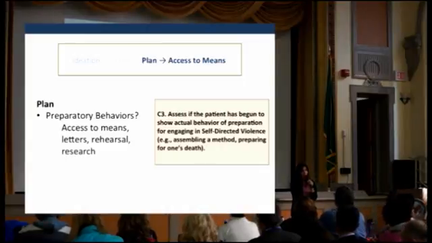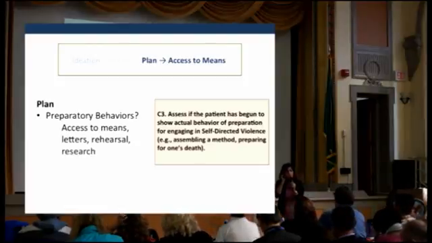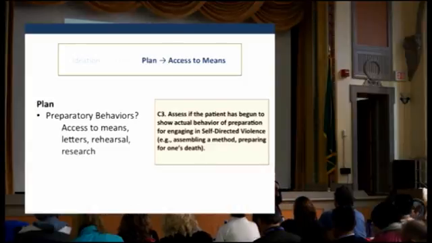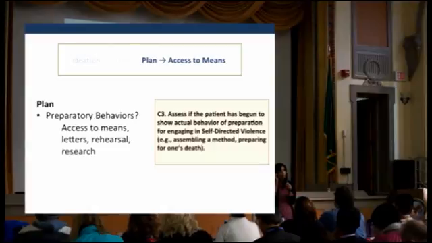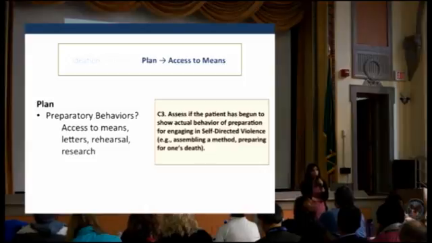What access do they have? If for some reason they don't have access to the means associated with their plan, are they doing things to gain access to that? Are they hoarding medications? Are they trying to get a gun? What are they doing that may be more indicative that they're farther down the line of risk and moving to more acute risk?